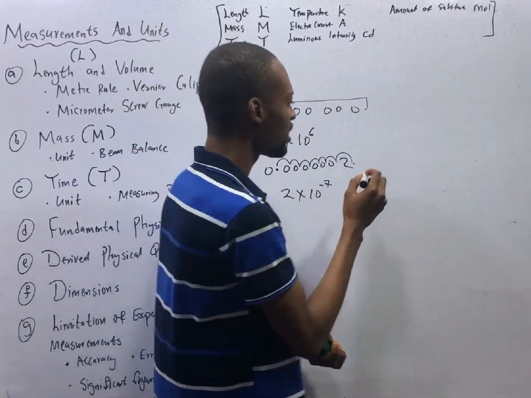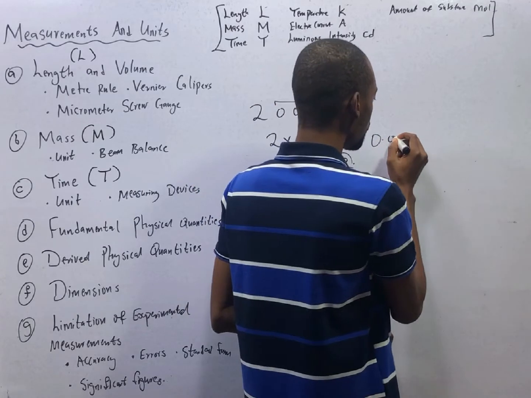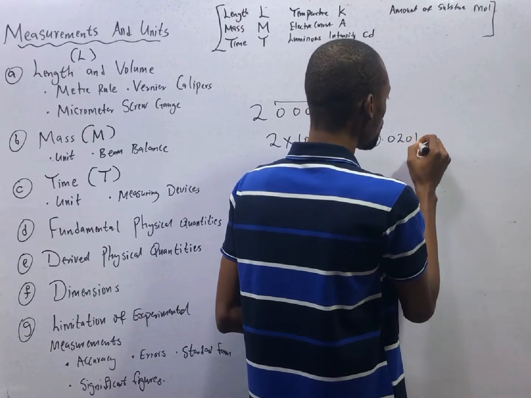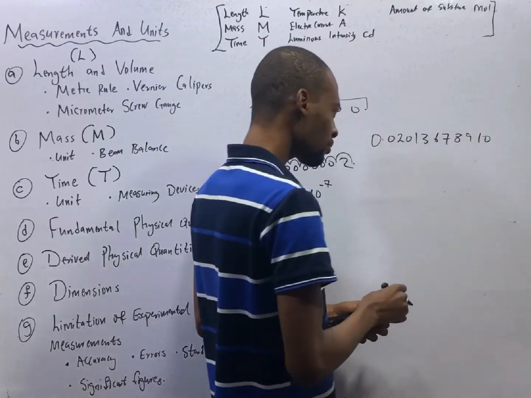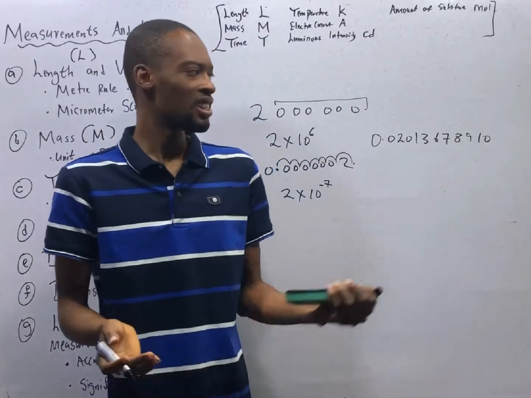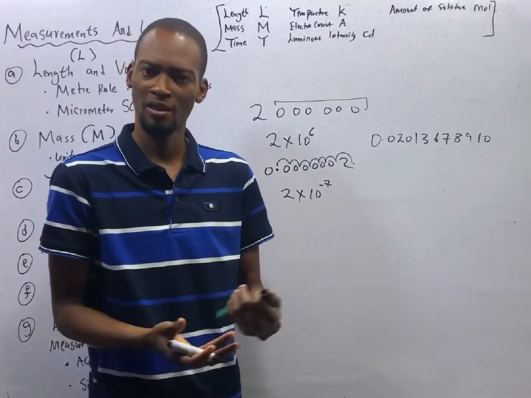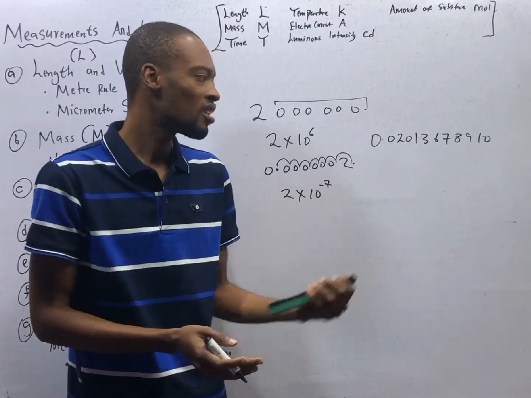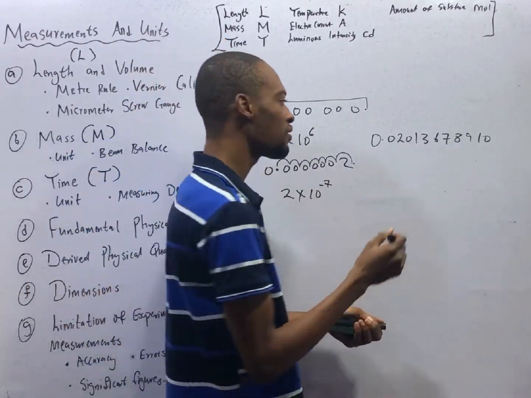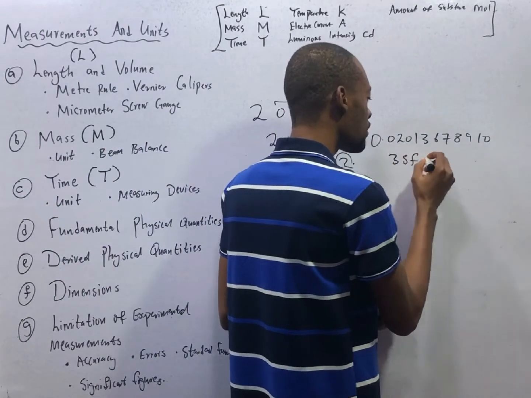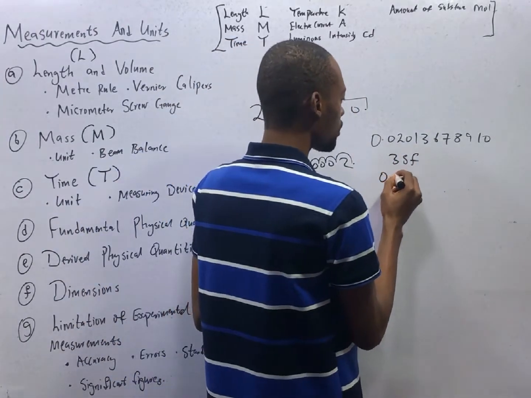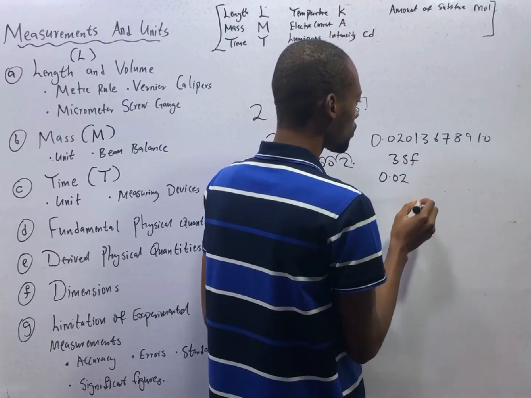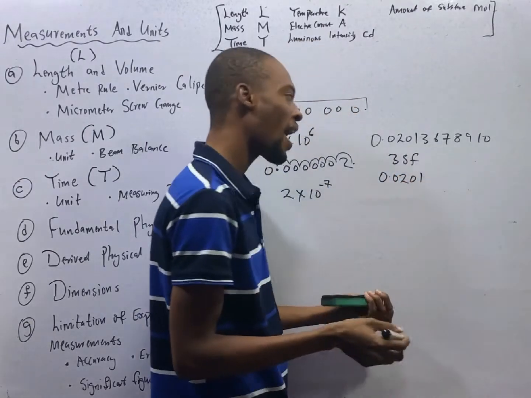If I do something like this, 0.0201367891, and I say this is too much, why can't we reduce it? Round this off to 3 significant figures. You simply say 0.0201. Why?